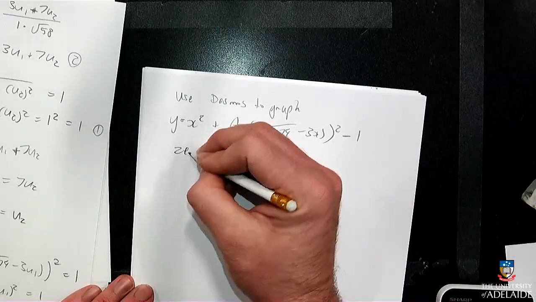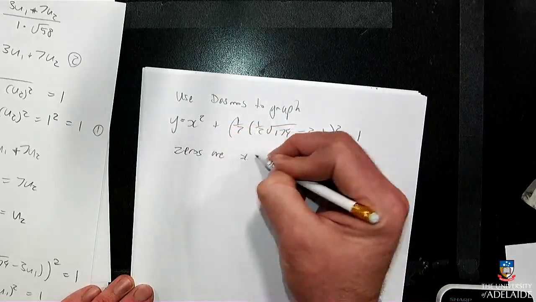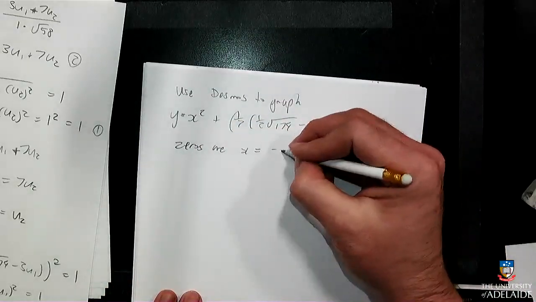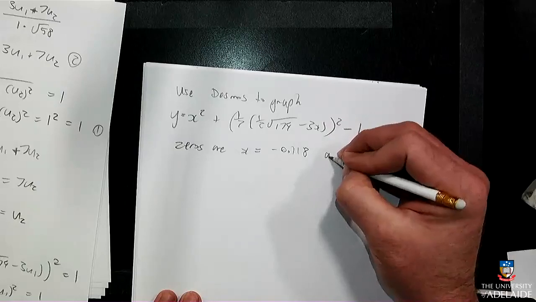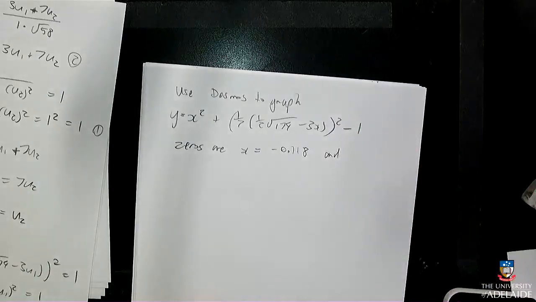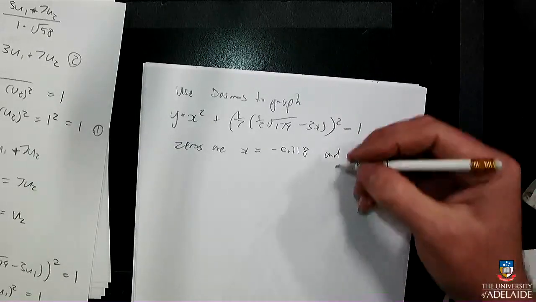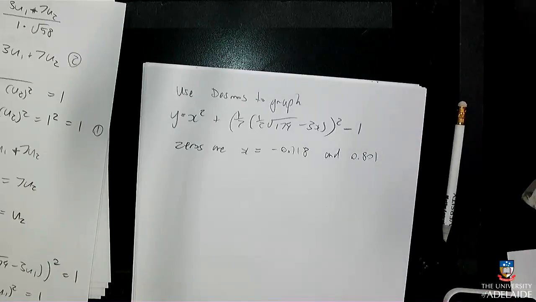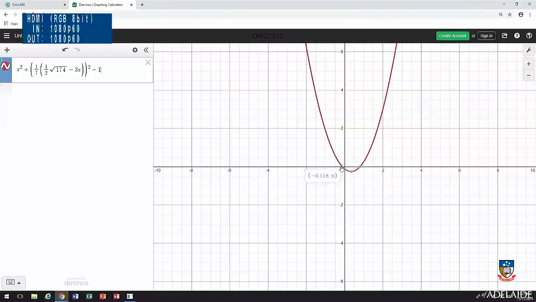And it says that the zeros are minus 0.118 and 0.801 according to the graph. There and there.